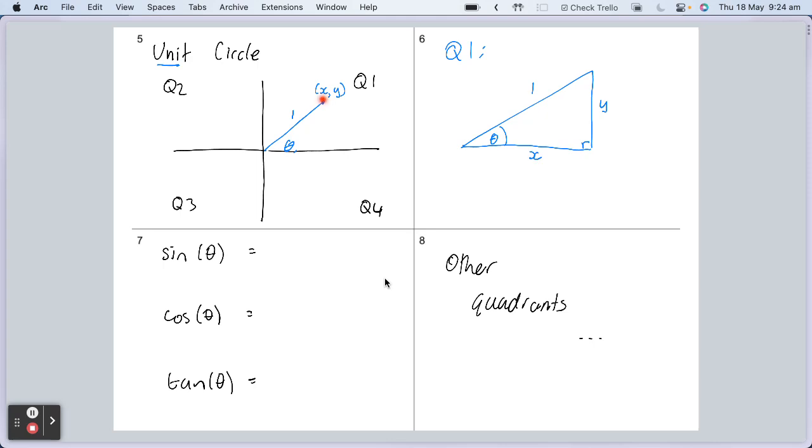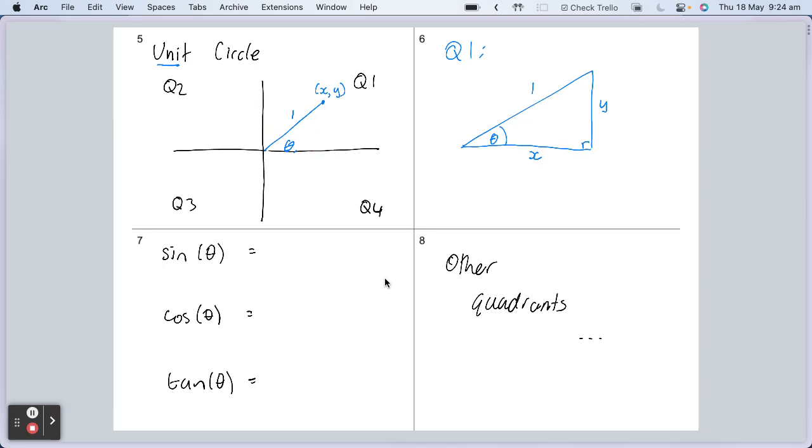Again, if this is the x coordinate, that means it's x units away from the origin. So that distance there will be the same as that distance there. The y coordinate is how far in a vertical direction I am away from the origin. So if the origin is here, then the y coordinate is all the way up here.